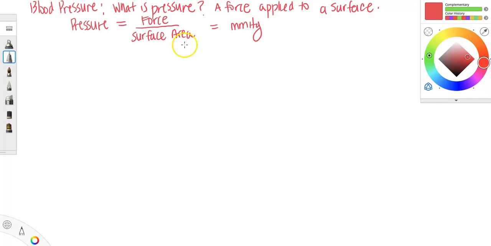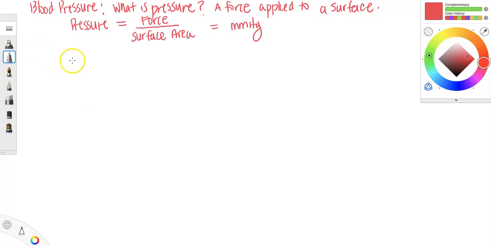So pressure is force applied to a surface area. If you're standing on something, your body weight is the force on that something, whatever it is. Okay, so that's pressure. All right.